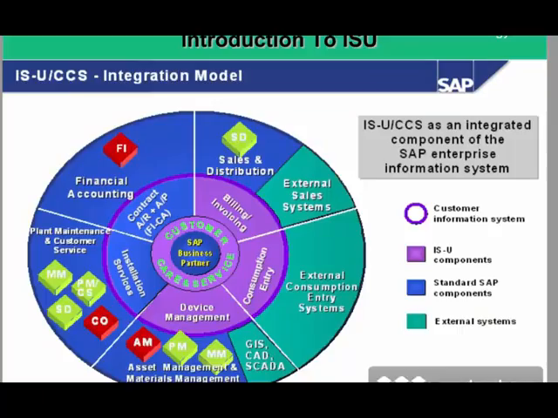This is an integrated component of the SAP Enterprise Information System. So how SAP ISU is linked to the R3 modules, and which components are covered in which core modules. This gives a bird's eye view of the interlinking of utilities with core R3 modules.